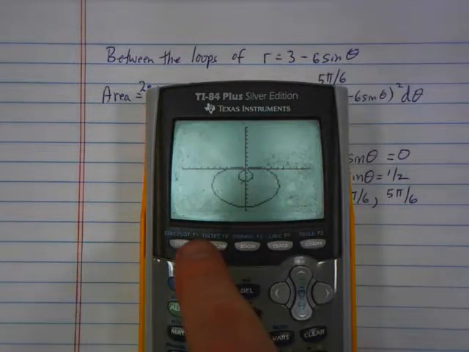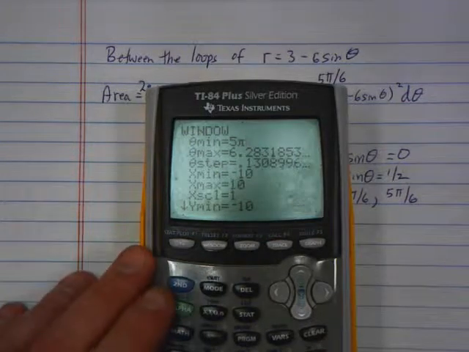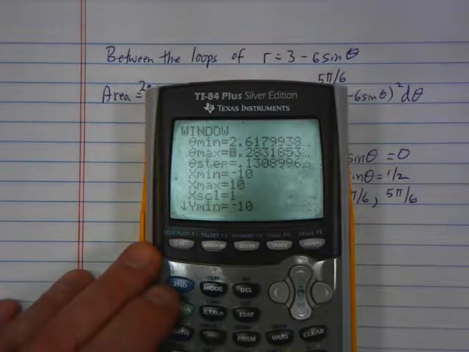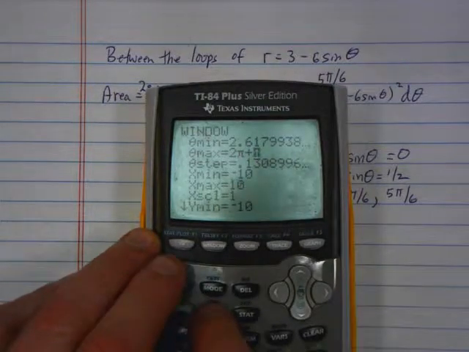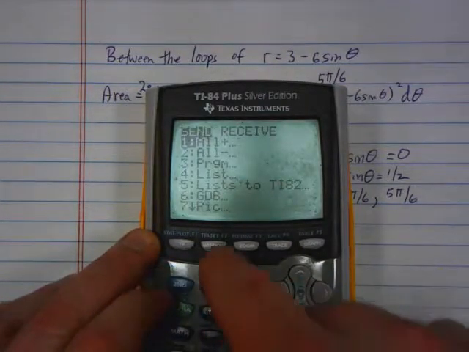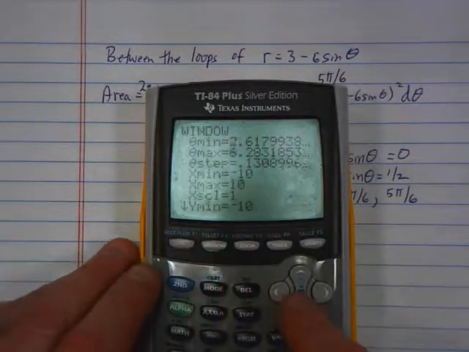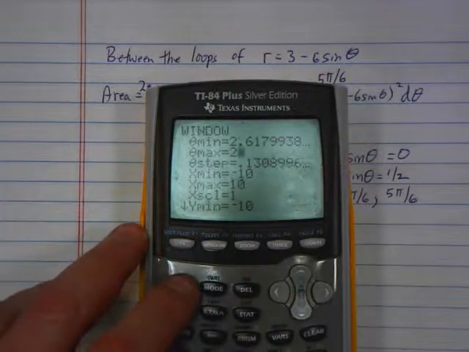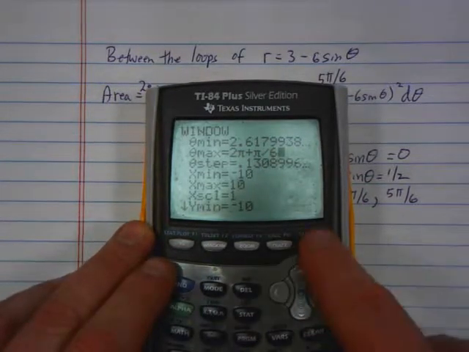Let's try it. So we're going to start at 5 pi over 6, and we're going to end at 2 pi plus pi over 6.